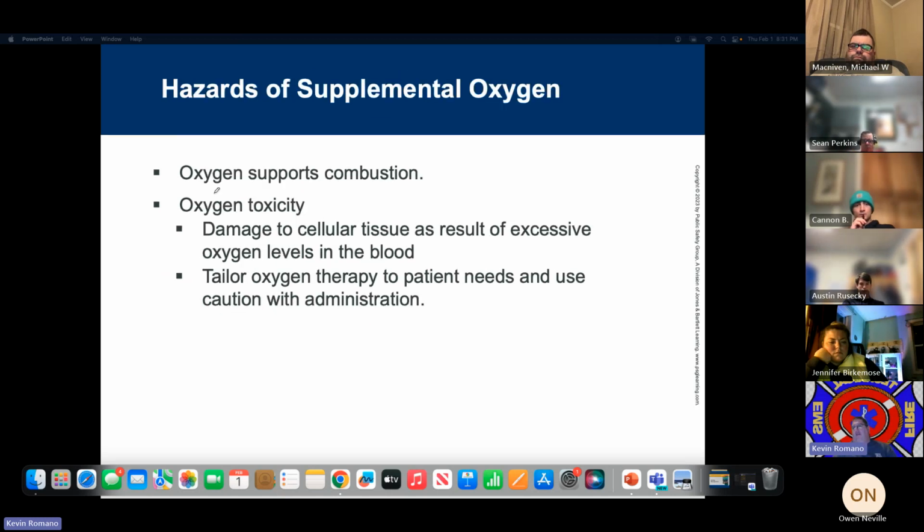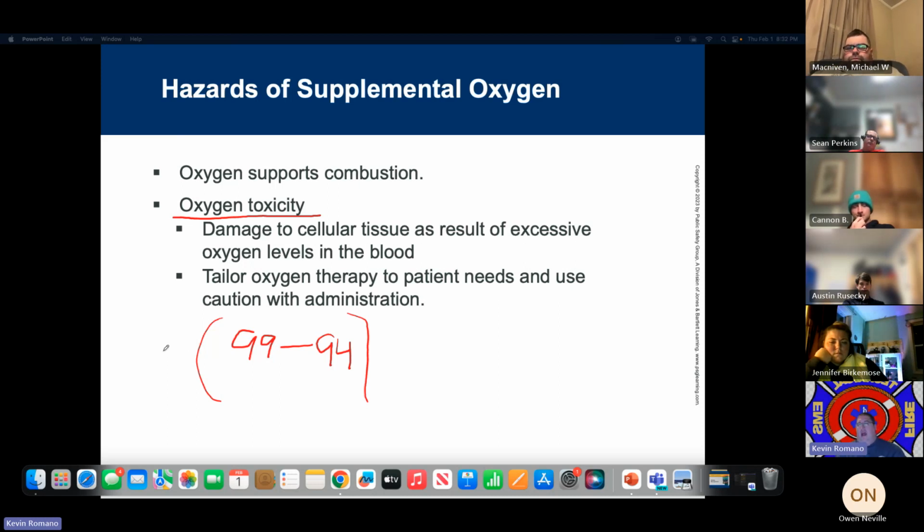As far as hazards and the supplemental oxygen, obviously oxygen toxicity. Remember I mentioned before, our normal range is 94 to 99. This is the normal range we have to look for. Nothing above 99. Once it gets to 100, it can keep climbing, and the only way to truly see what the actual number is is through an ABG.